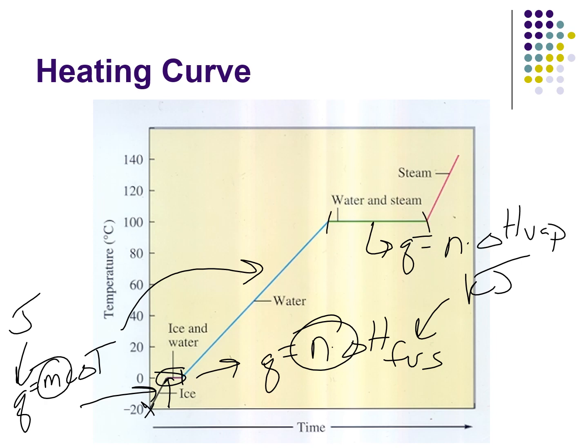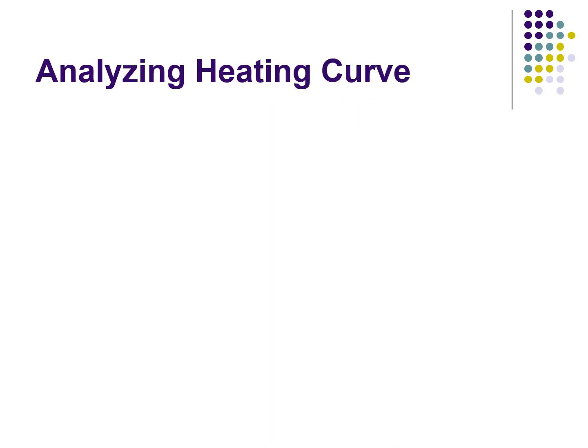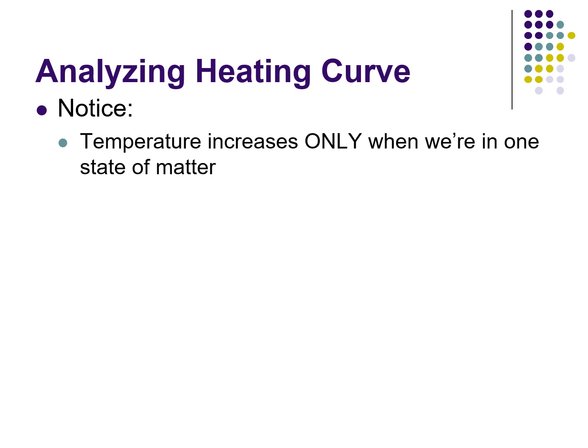And only once all the water is boiled can the temperature go up again. And then as we do so, we're raising the temperature of steam, and we're back to MCΔT. So you could actually calculate the heat change of ice going from like negative 20 to like 140. This is entirely possible.